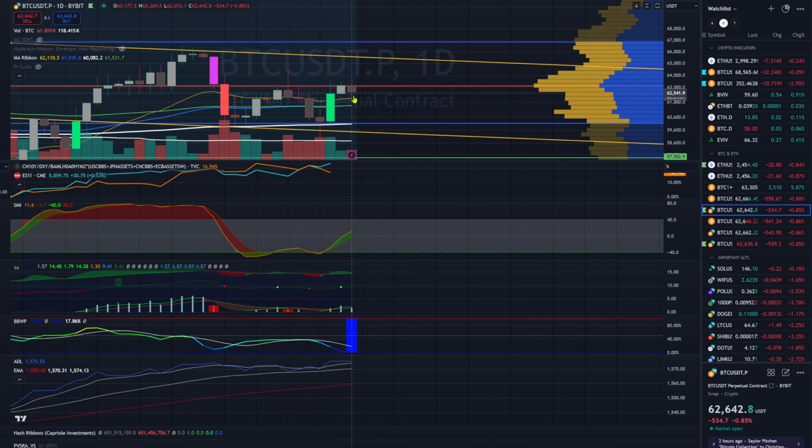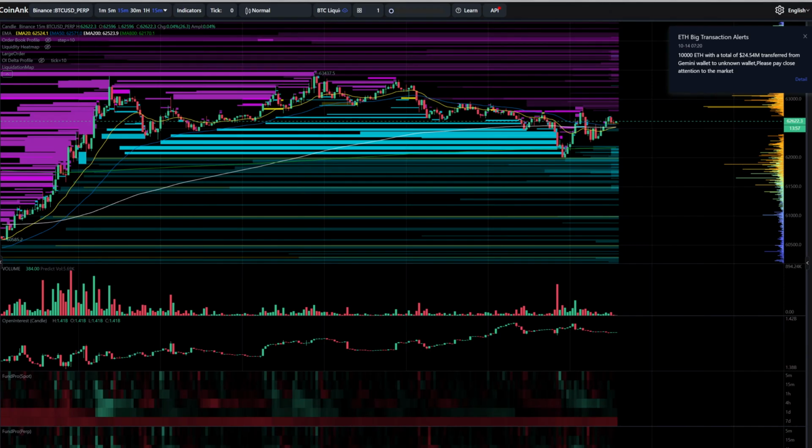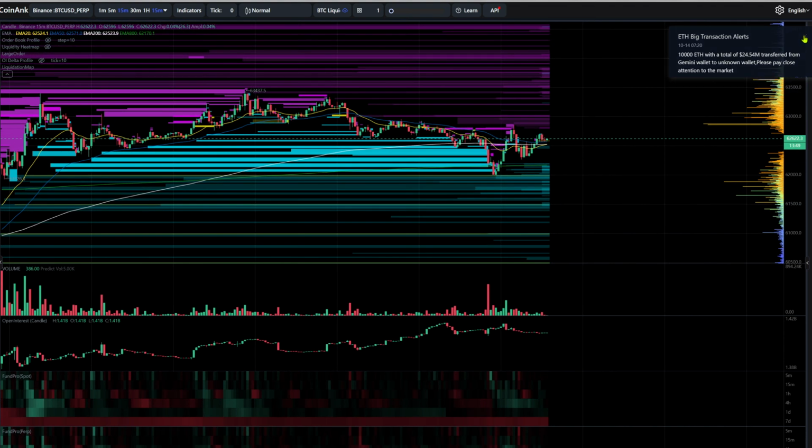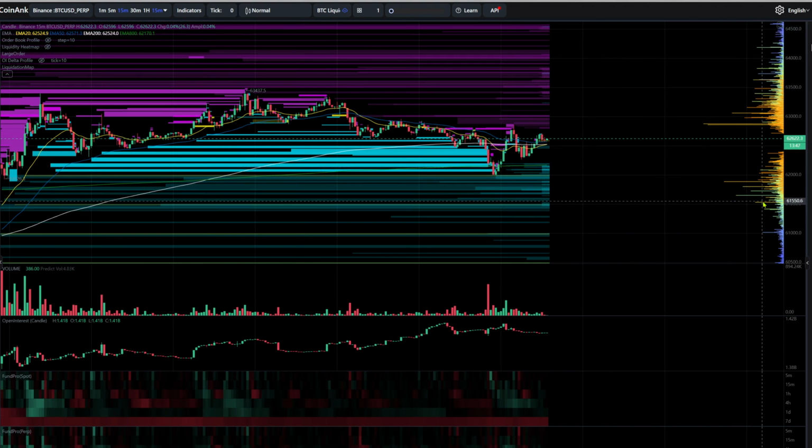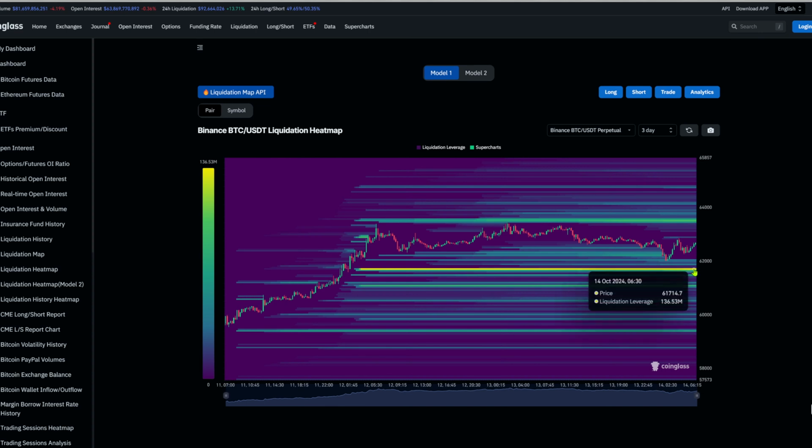because there has been some pretty strong support at that level, and if it leaves the liquidity that's there, there's a fair few liquidations down into that 61,500 level, and that's sort of confirmed here as well. So 61.7, there's 136 mil.